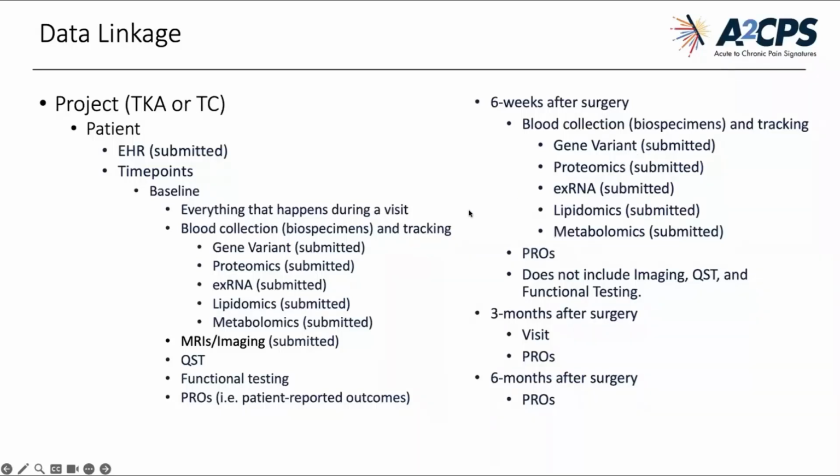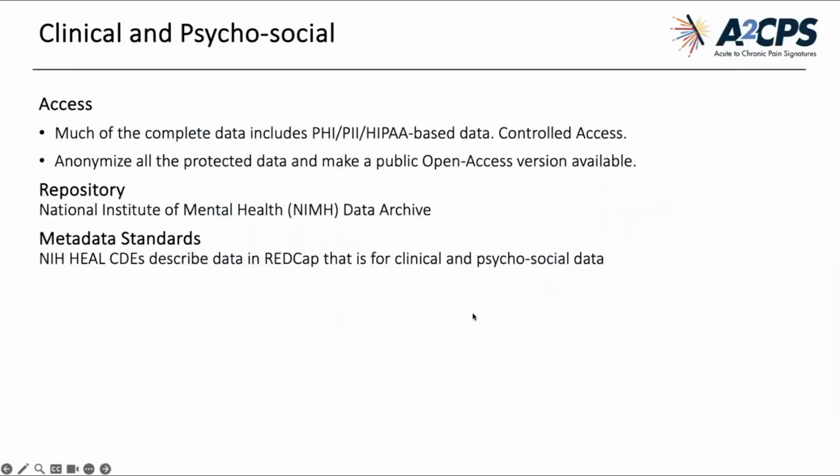Okay, well, I don't know if we want to go into it, but I do have slides on each data type, so I can go through it real quick. The clinical and psychosocial data, there is some controlled access data, but we're basically anonymizing all of it, so there'll be open access versions available.